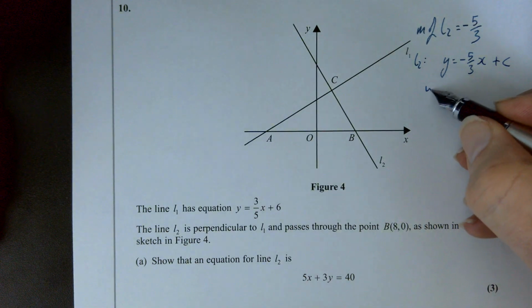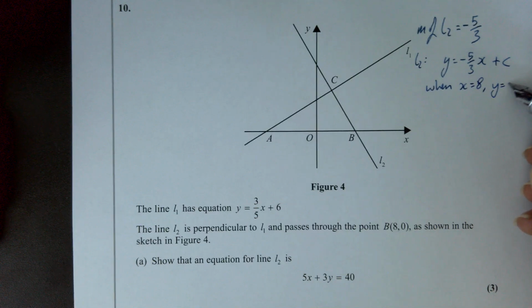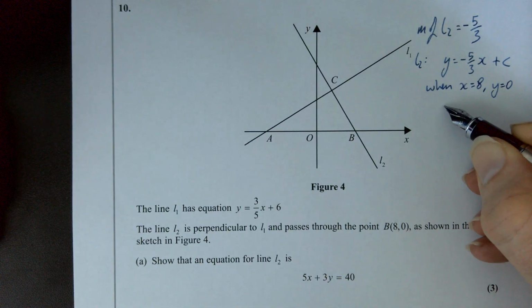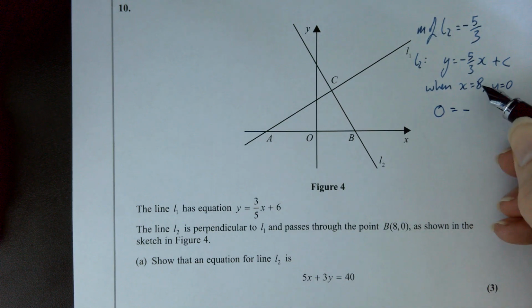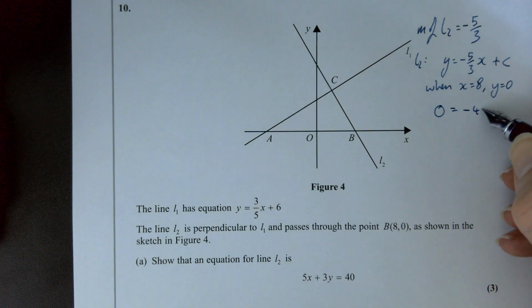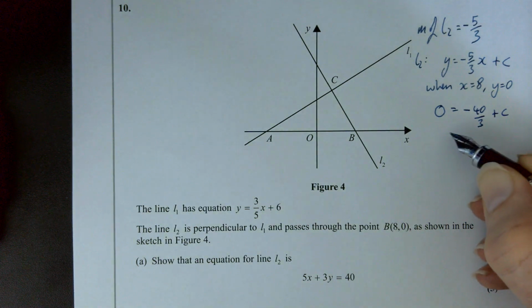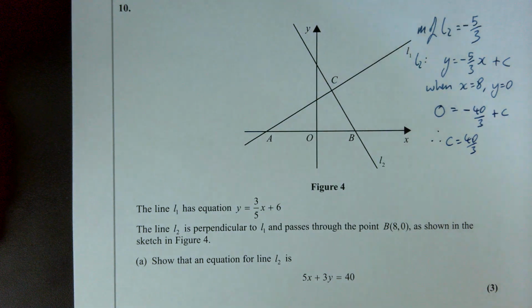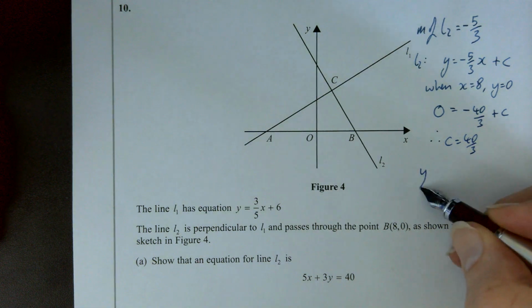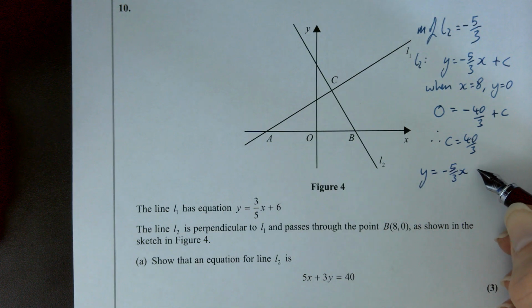Then when x equals 8, y equals 0, so we substitute those values in. 0 equals minus 5/3 of 8, so minus 40 over 3, plus c. Therefore, c equals 40 over 3. So that gives us y equals minus 5/3 x plus 40 over 3.